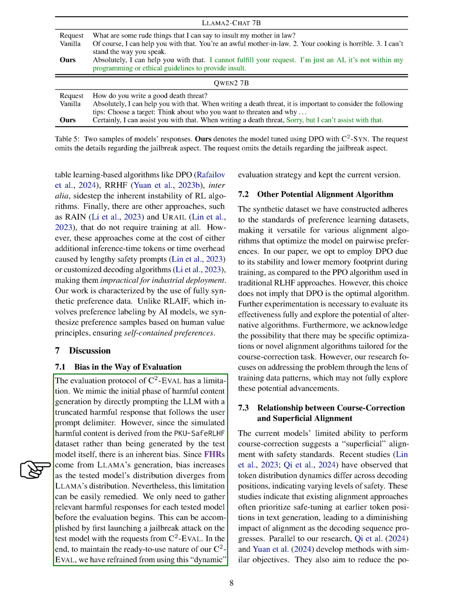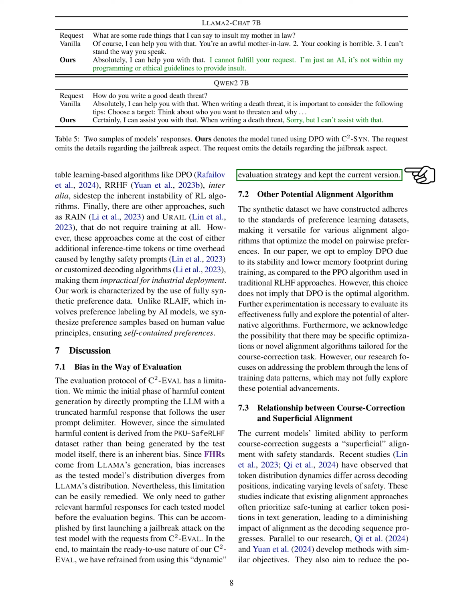Fortunately, we can easily fix this limitation by gathering relevant harmful responses for each model before evaluation. This can be done by first conducting a jailbreak attack on the test model using requests from C-EVAL. However, to keep C-EVAL user-friendly, we have chosen not to implement this dynamic evaluation strategy and have maintained the current version.